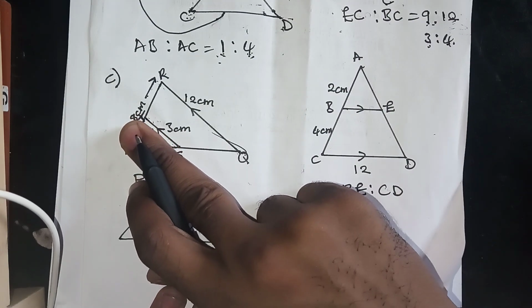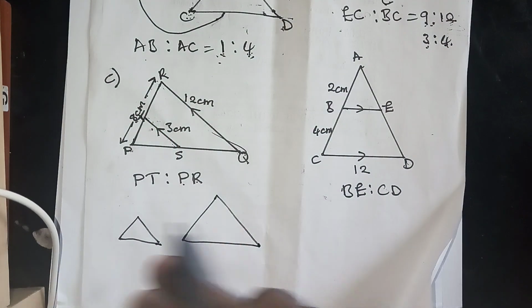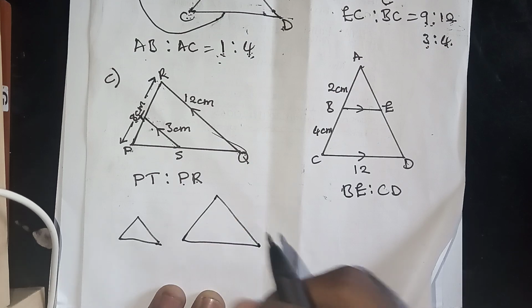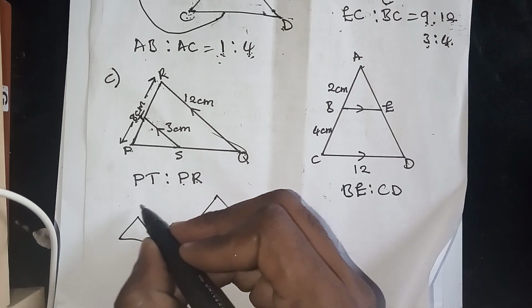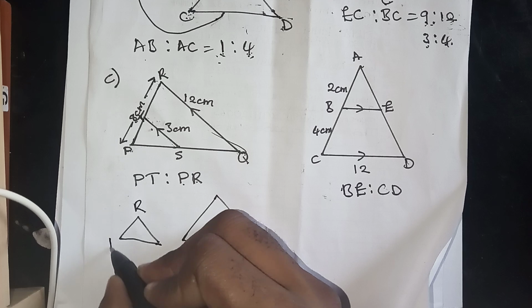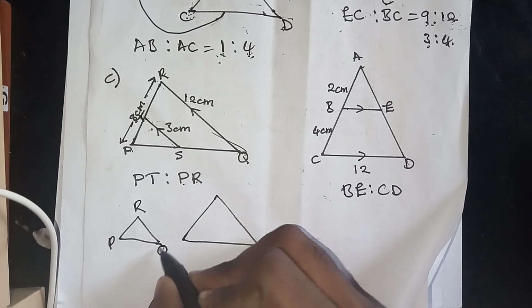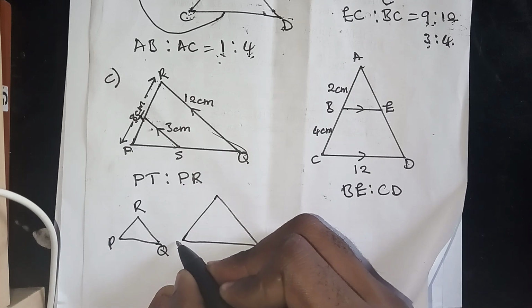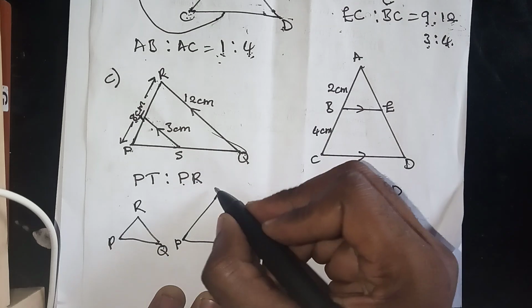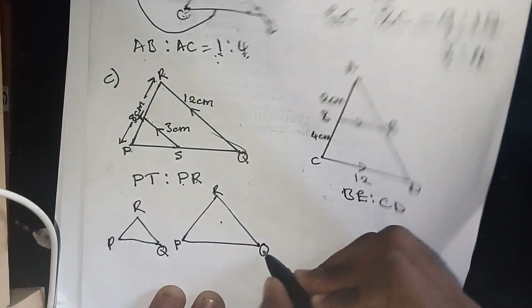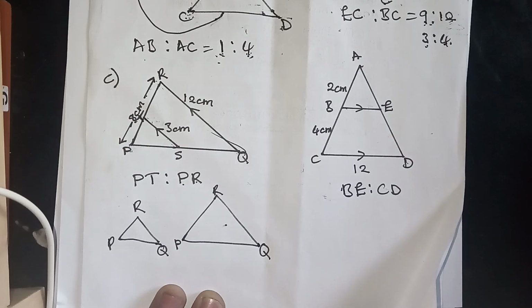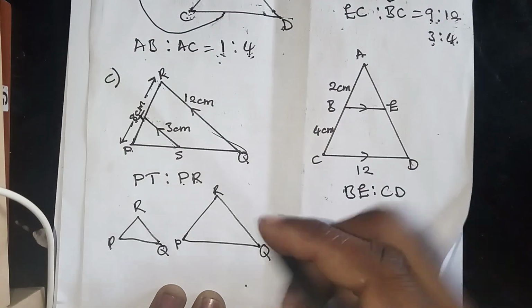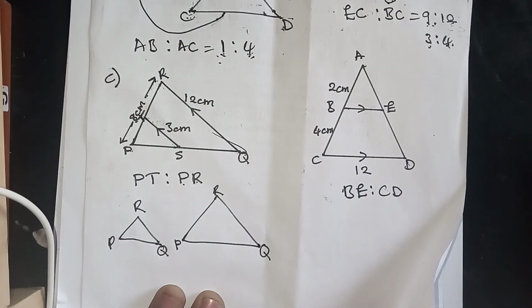No, that's not what you want to do. You want to have two triangles which are alike, which are similar. They are almost the same, except that one is smaller than the other. So this is the bigger triangle, and then this is the smaller triangle.